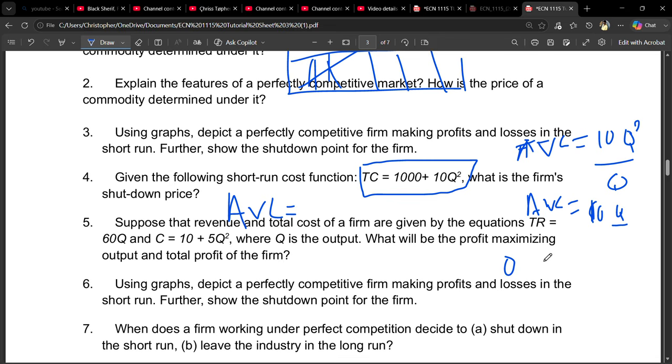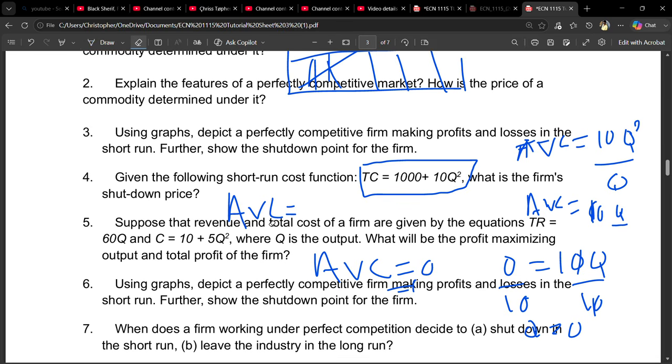So you say 0 is equals to 10q. You divide it by 10, you divide it by 10. Our quantity is going to be 0. So you get this 0, you put it there. 10 times 0, you're going to be given 0. So our average variable cost is equals to 0. So that is the answer for this question. It is there. Okay.